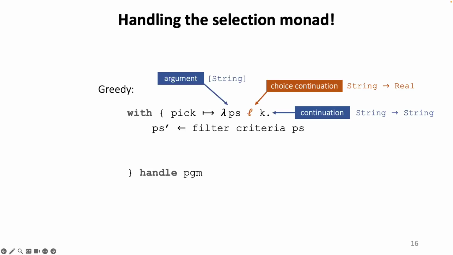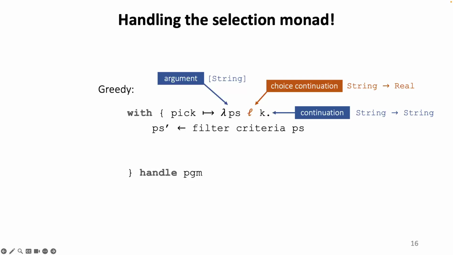And if you compare the choice continuation with continuation, you can see that they both accept the return result of the operation, but different from continuation, choice continuation always has the return type a real number, which denotes the loss associated with the choice.